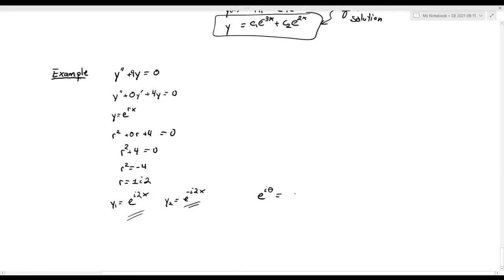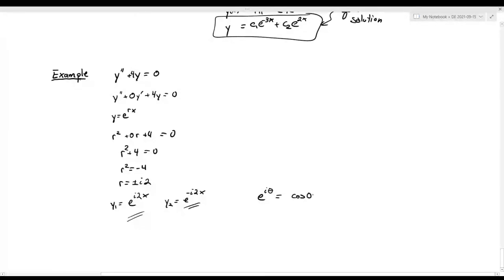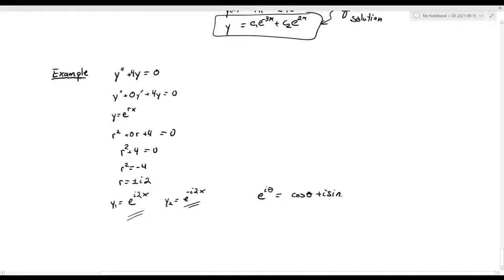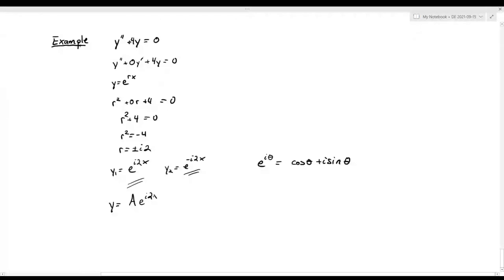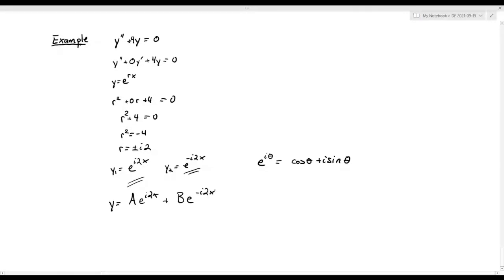So we can use one of Euler's identities, because we don't want imaginary parts in something we know should be a real solution. So the general solution is a combination. Let's call the constants A and B. But we wouldn't leave it that way.